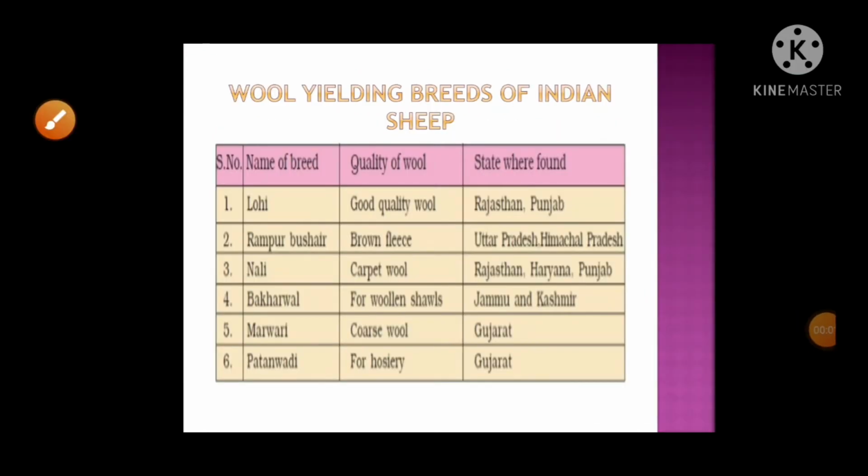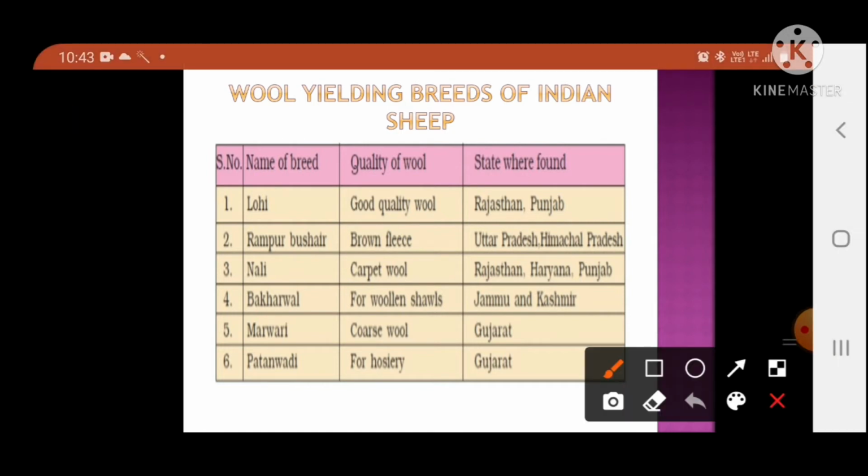There are 6 important wool yielding breeds of Indian sheep. Lohi gives good quality wool and is reared in Rajasthan and Punjab. Rampur Bushire is reared for brown fleece in Uttar Pradesh and Himachal Pradesh. Nali gives wool for carpets and is reared in Rajasthan, Haryana and Punjab.